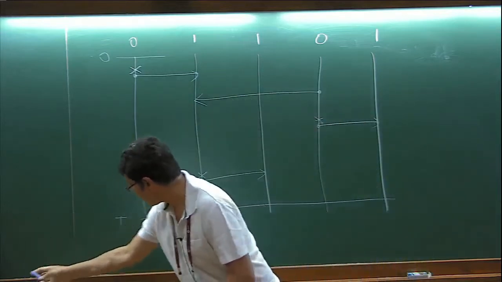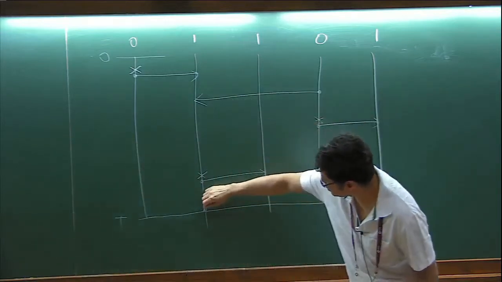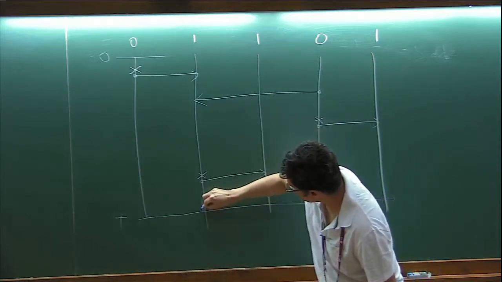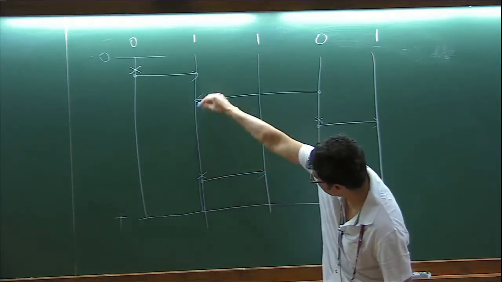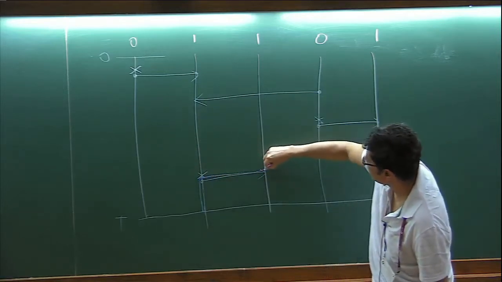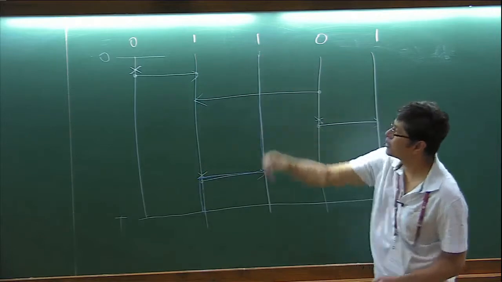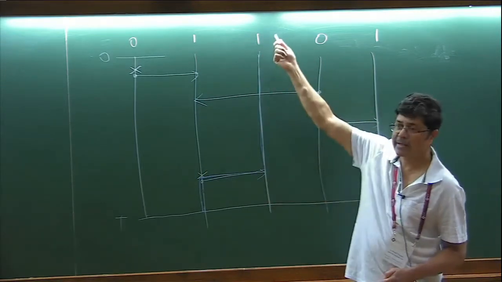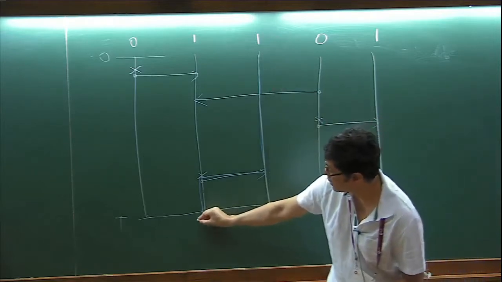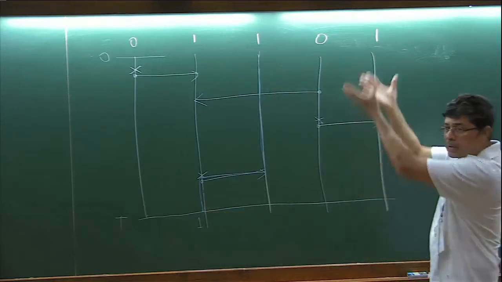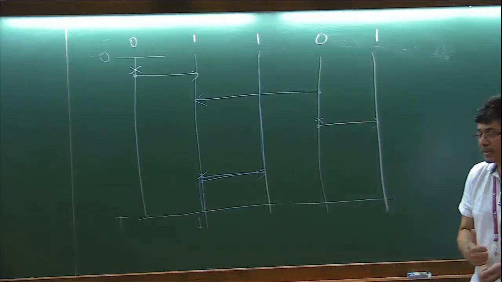So here's my path at agent 2. It goes up here. I can't cross that, so I follow this arrow, and I go all the way up to the top. So I copied agent 3, which had initial opinion 1, so I end up with opinion 1 at agent 2 here. Okay, so you have this backwards in time process.